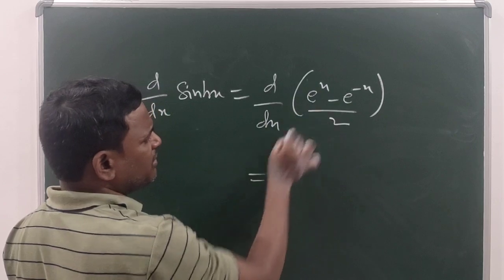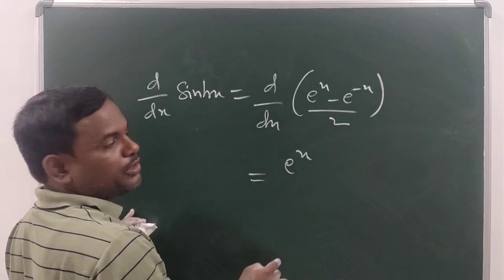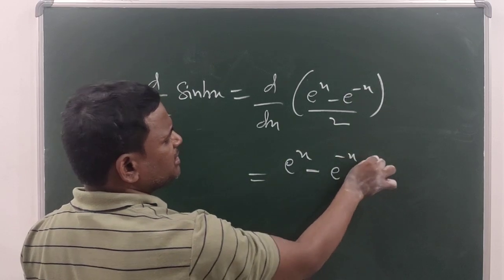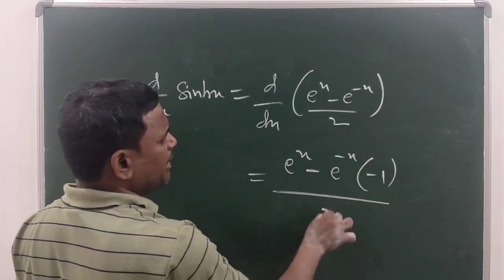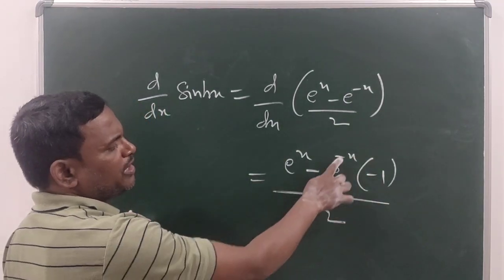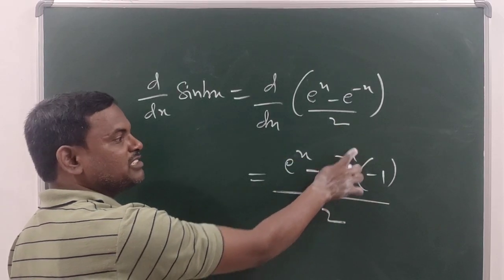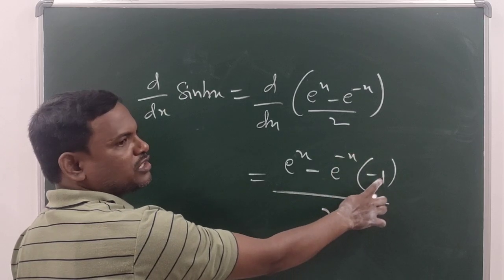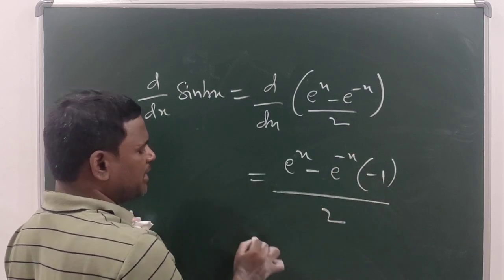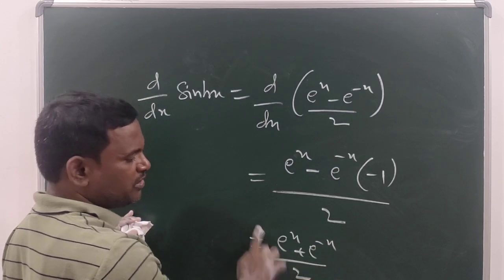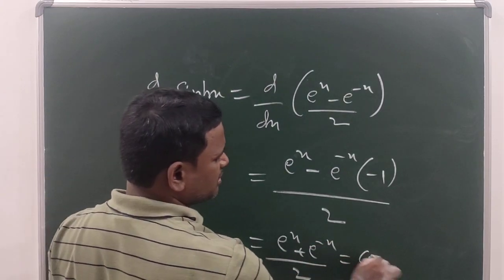Here what do you get? E power x, derivative e power x only. Here minus is there; e power minus x, derivative e power minus x, this is not x, so I followed the chain rule. Minus x, minus into minus is plus: e power x plus e power minus x by 2. This is nothing but cos hx.